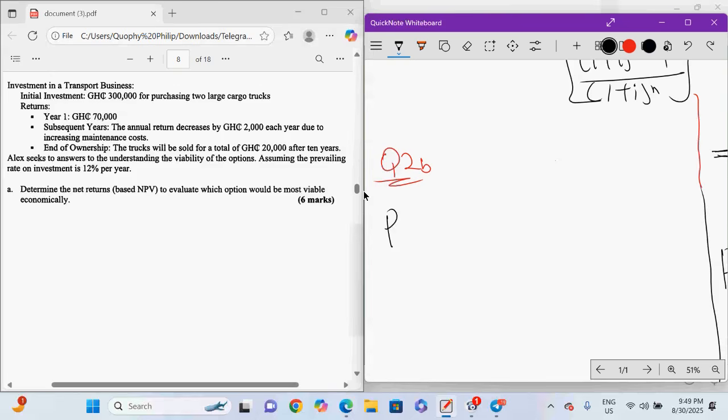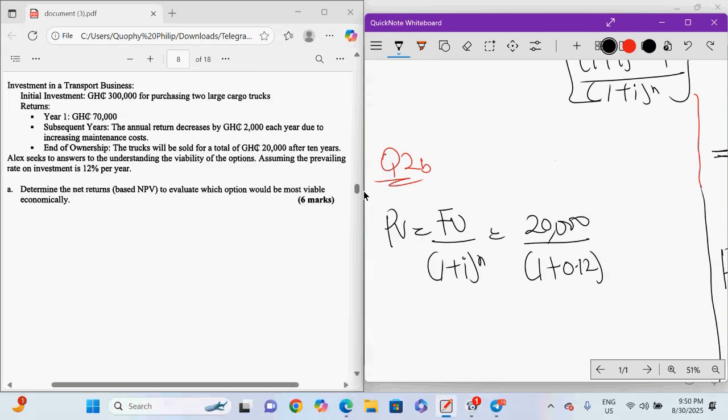So the present value for a single amount in the future is the future value over 1 plus I to the n. So the future value is 20,000. We are going to discount it into the present value at 0.12 for 10 years. So that will be 20,000 over 1 plus 0.12 exponent 10.